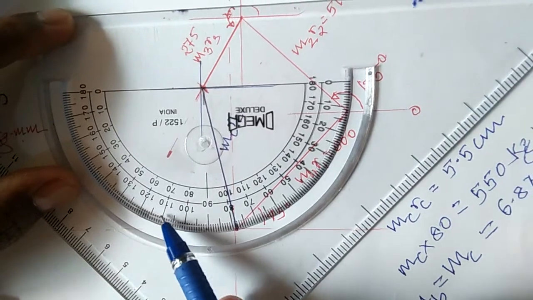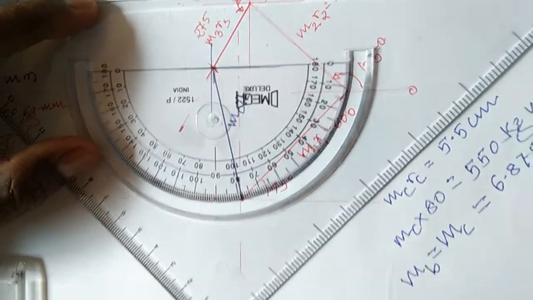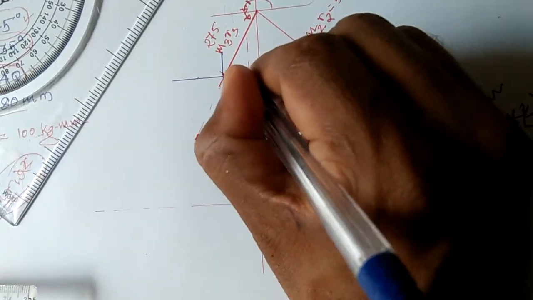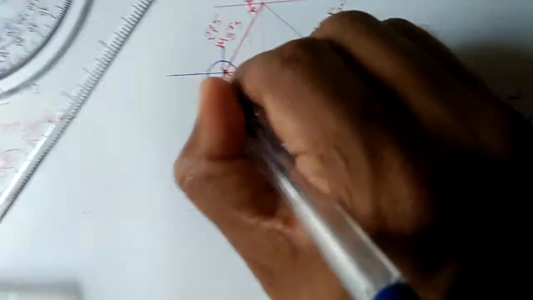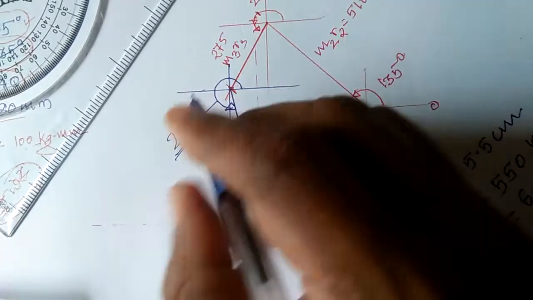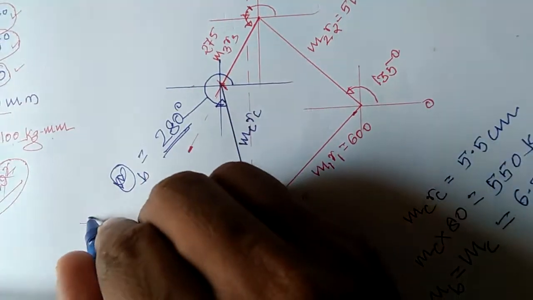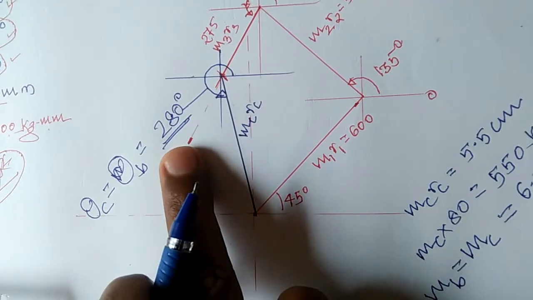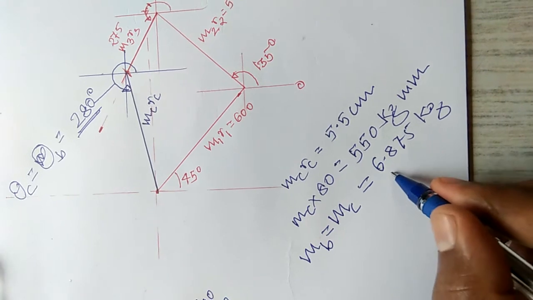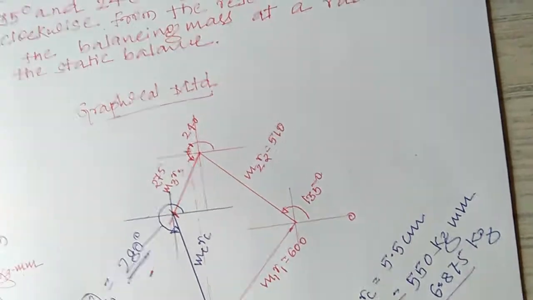This comes as 90, 90 plus 100, 100 plus 180, it comes as 280. This is 280 degree, you will get it. That is the balancing mass angle, theta b, or counter mass. The final answer is 280 for the angle, and the balancing mass comes as 6.875 kg. Okay, I hope that you got it.